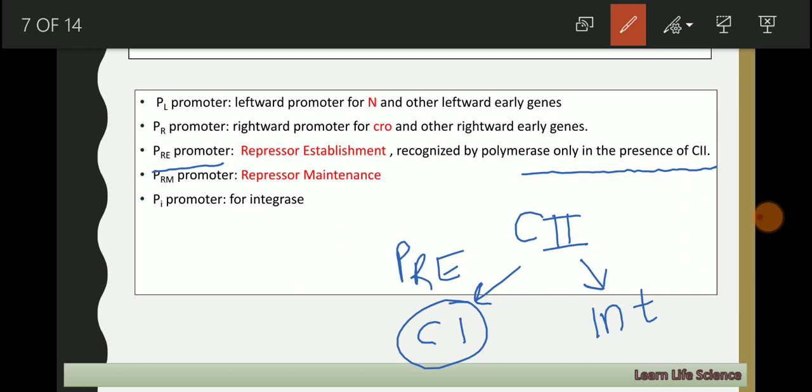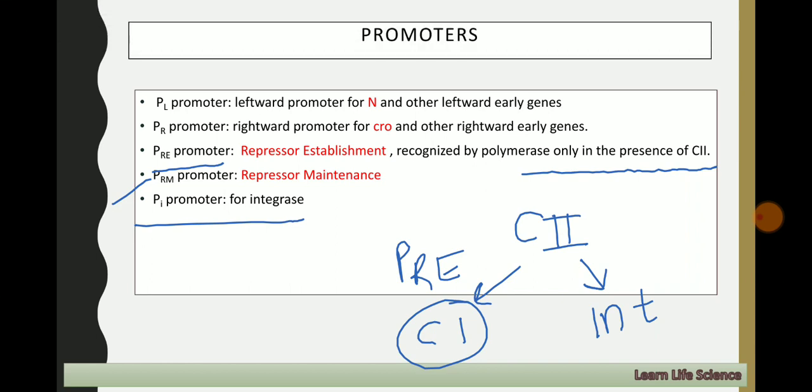Okay, the second one is PRM promoter, that is repressor maintenance. It is a promoter that will activate lately and is going to maintain the level of repressor. And the last one is the PI promoter, which is involved in transcription of integrase. Okay, so these are the various promoters that you will have to remember.